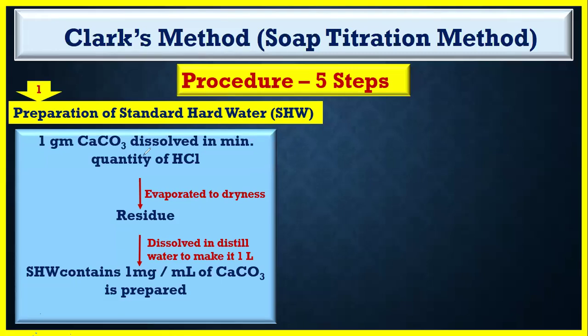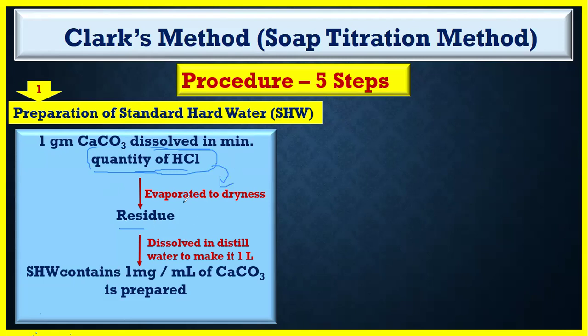To prepare the standard hard water, we have to prepare a calcium carbonate solution. Calcium carbonate is first dissolved in the minimum amount of hydrochloric acid. Now this solution is evaporated to dryness to remove the excess HCl and carbon dioxide.